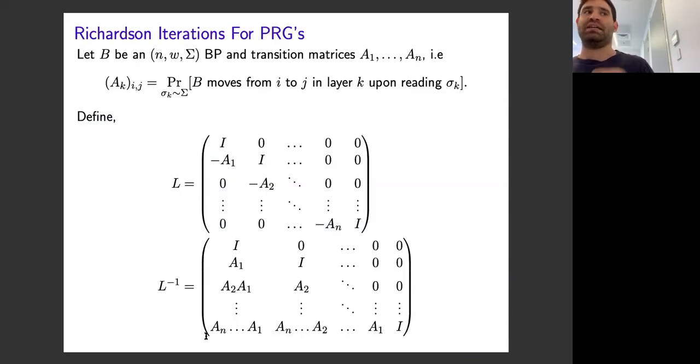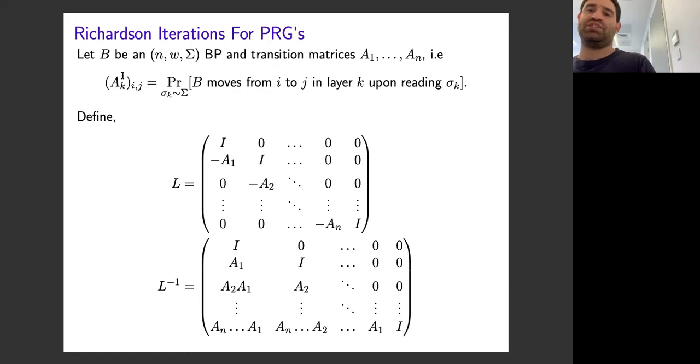So this slide tries to explain what it has to do with BPs and PRGs. Suppose you have a BP, and we now make a little shift in terminology, notation, or perspective. We're looking at something called the transition matrices. This is simply the transition matrices of the graph that you look at in the BP.